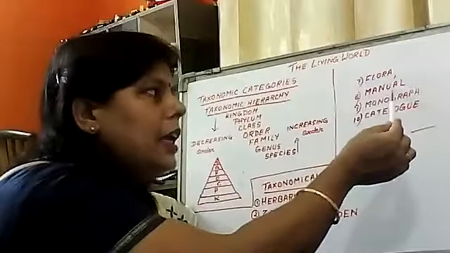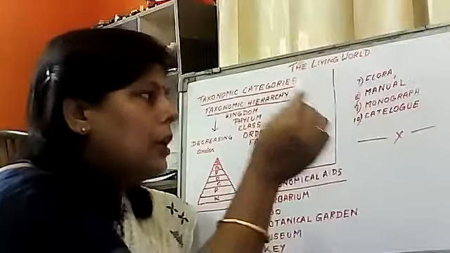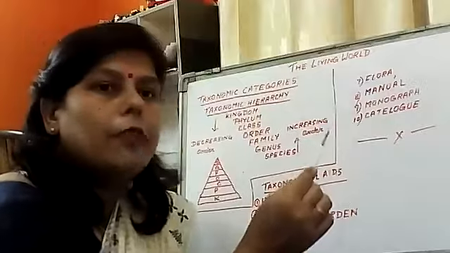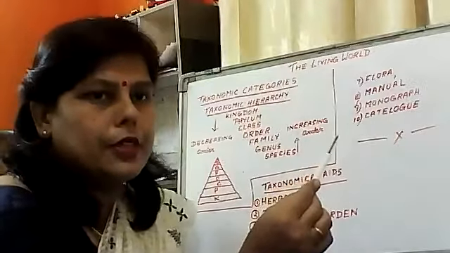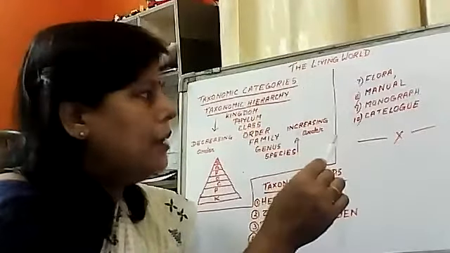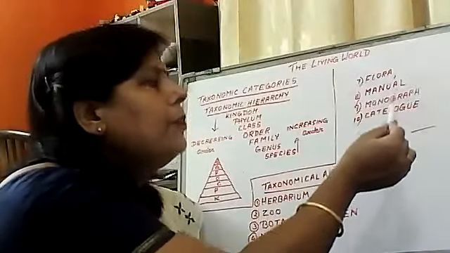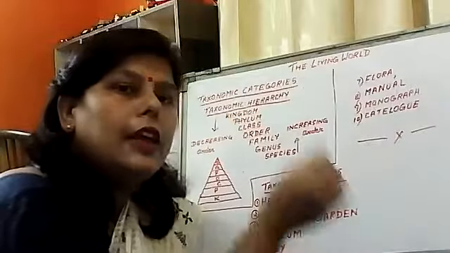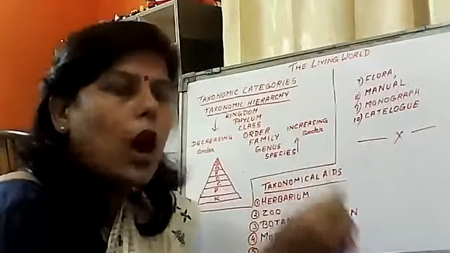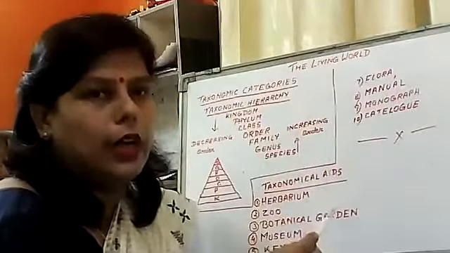Then the manual is also a book consisting of the information of all the species, either plants or animals, of a particular area. And monograph describes only one group or one taxon of a particular area.